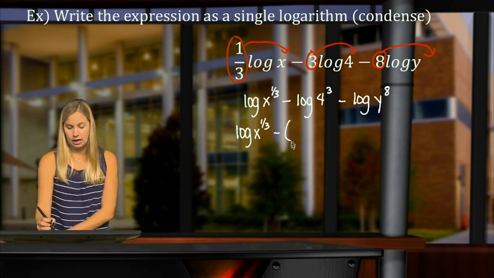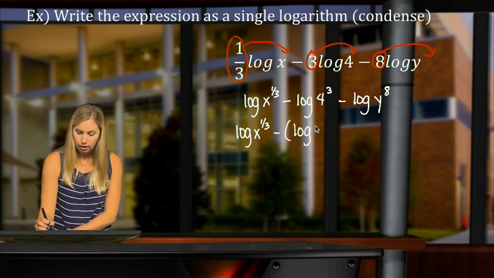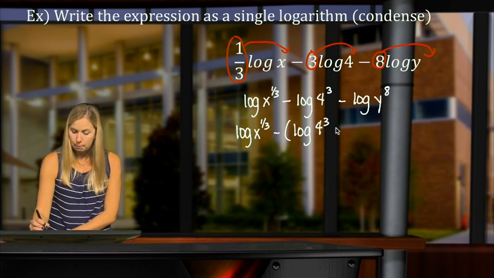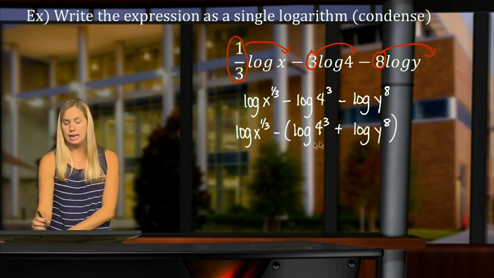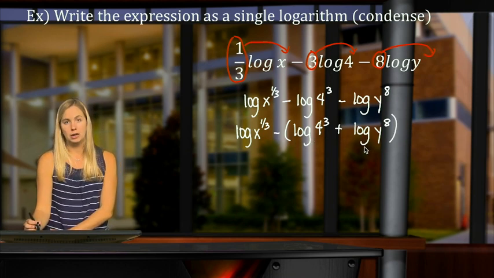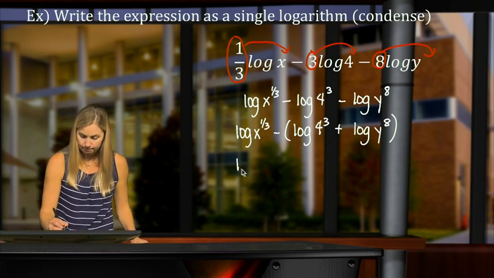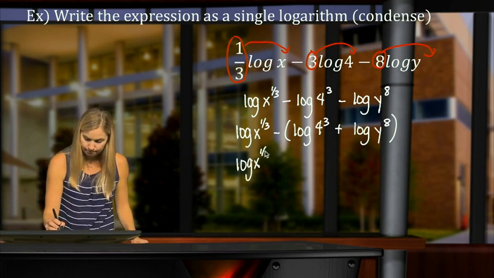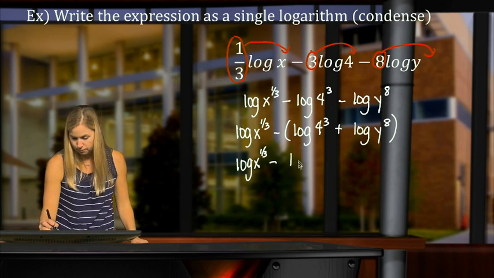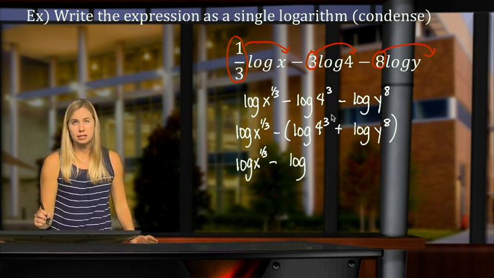If I factor out that negative, we're left with log of 4 cubed plus log of y to the 8th. And now we can see that we can condense these two terms in the parentheses using multiplication. Four cubed is 64.